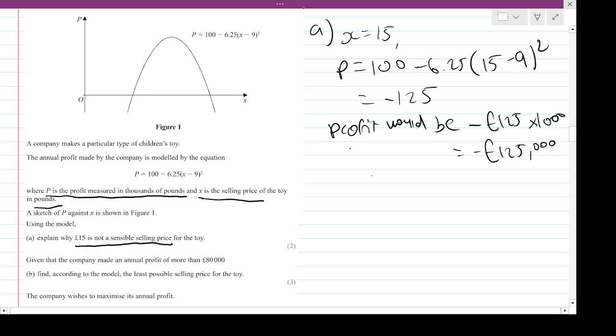That's a negative, which tells you it's a loss. Remember, a profit in business can be negative in theory, because that's telling you you're making a loss. But why would you want to sell your product if you're going to make a loss and screw your business over? So actually, that is why it's not a sensible selling price. You'd make a loss of 125,000.